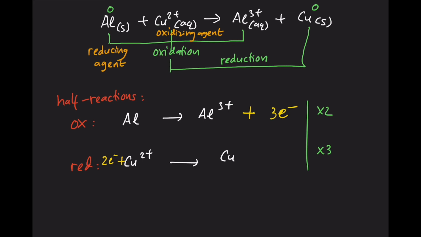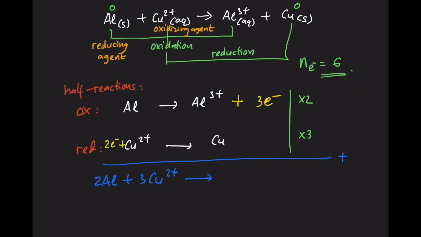Therefore, the number of electrons being transferred, n, is actually 6. Please remember this n variable because later on we will use this a lot. Becoming 2Al3+ plus 3Cu, with n again, or the number of electrons, equal to 6. Now you can see that we have the same charge on the reactant side, which is plus 6, as the one at the product side, which is also plus 6. This is the balanced reaction that we were looking for.